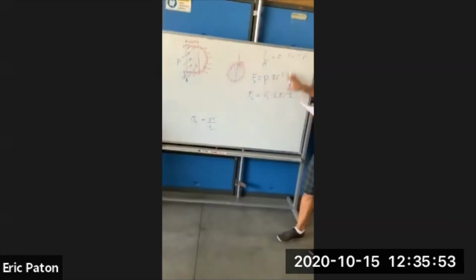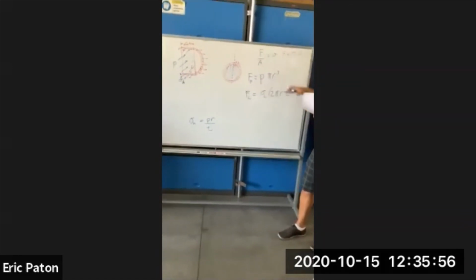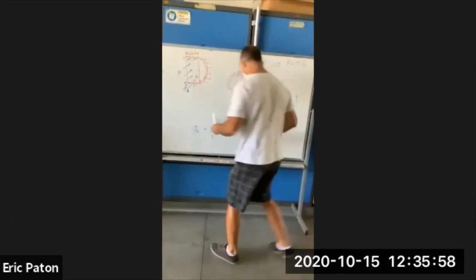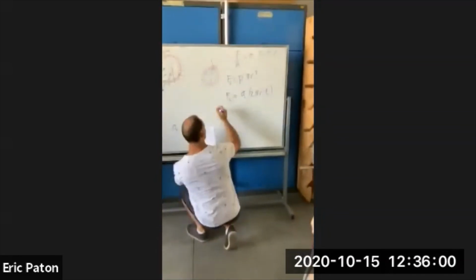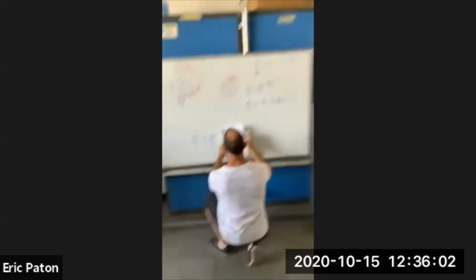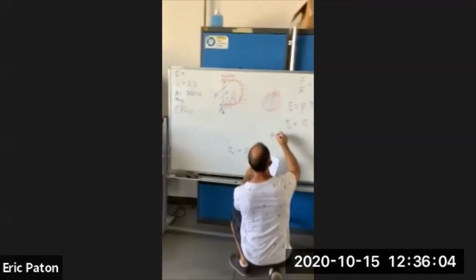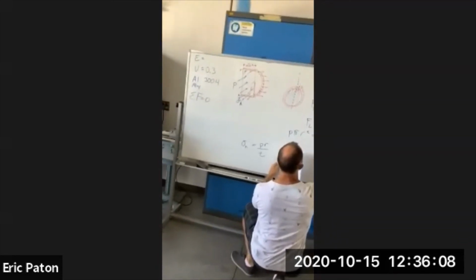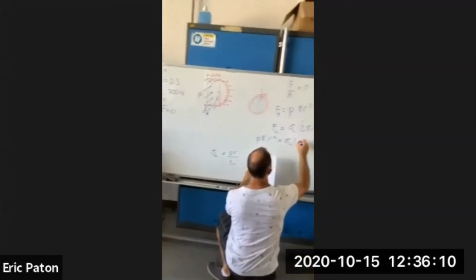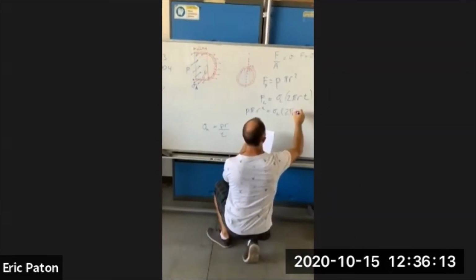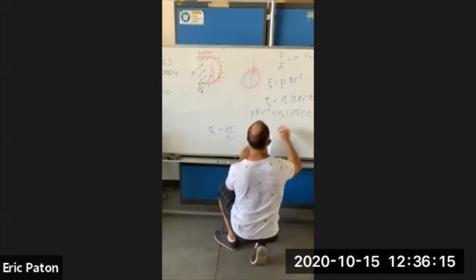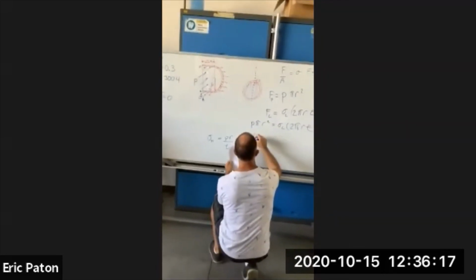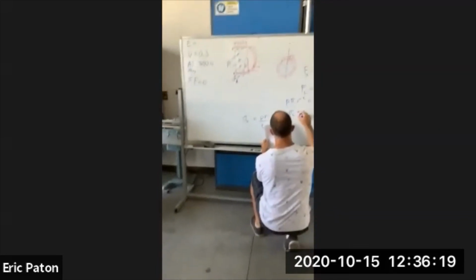So now we just sum these two, or make them equal to 0, right? So we just have P pi r squared is equal to sigma L times 2 pi r t. And so solve for sigma L, our longitudinal stress.